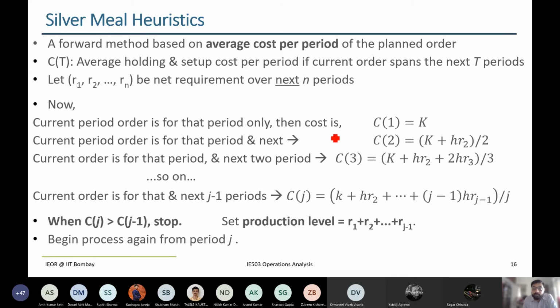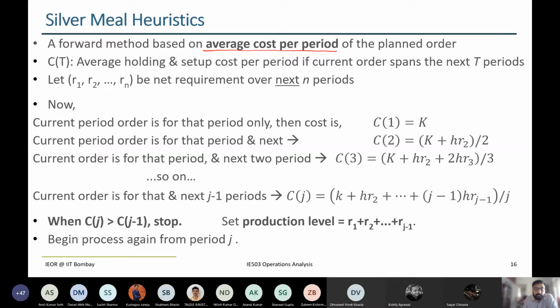And Silver Meal suggested that we base it on the average cost per period. So as part of the Silver Meal heuristic, we consider the average cost per period. Because the first period has only setup cost, but C of 2 will mean I have setup cost plus holding cost and take an average of it.